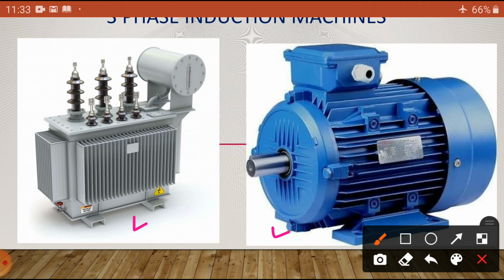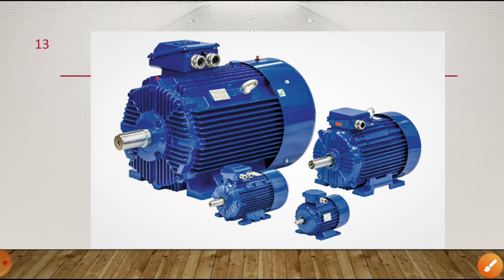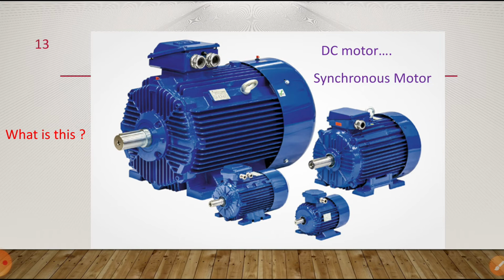Now let us see what this is. What is this? Already you have seen some machines. Please tell. Is it the DC motor or the synchronous motor? No. Then what?